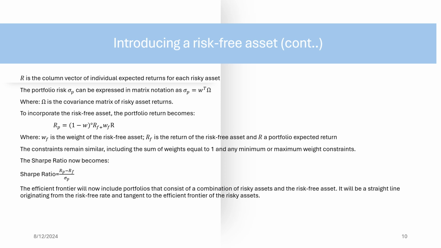And then the portfolio risk sigma_P is expressed in that notation, where omega is once again our covariance matrix.